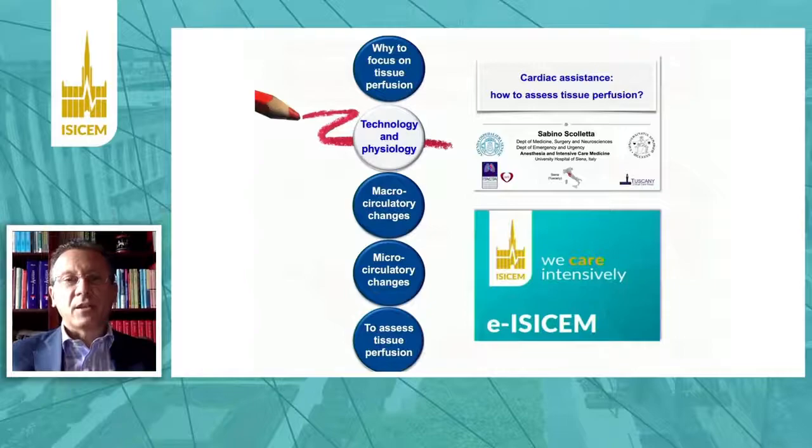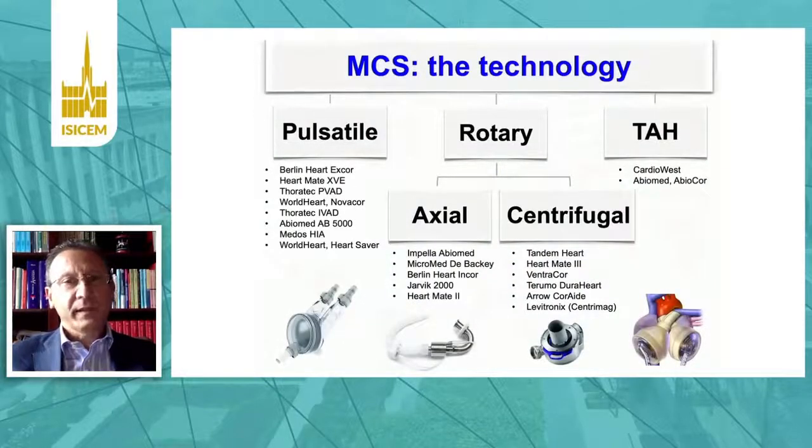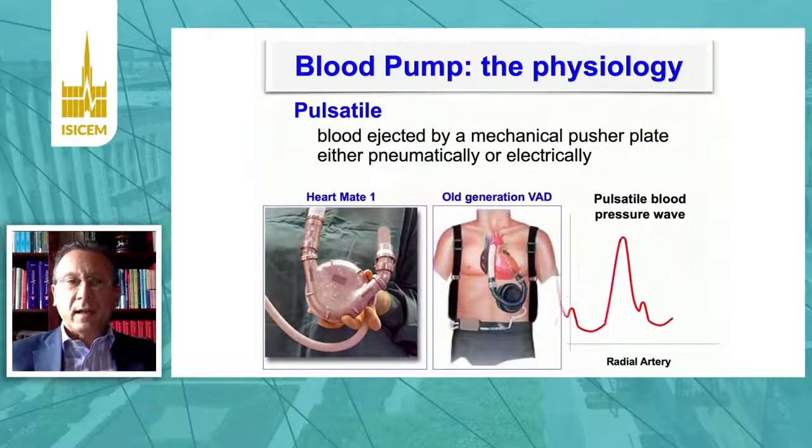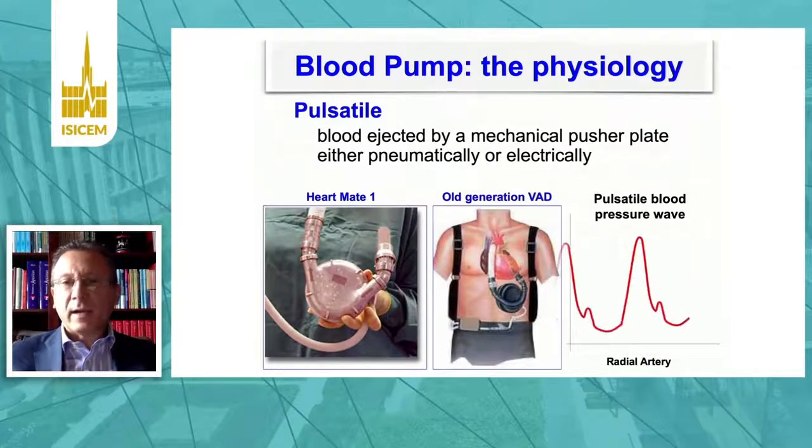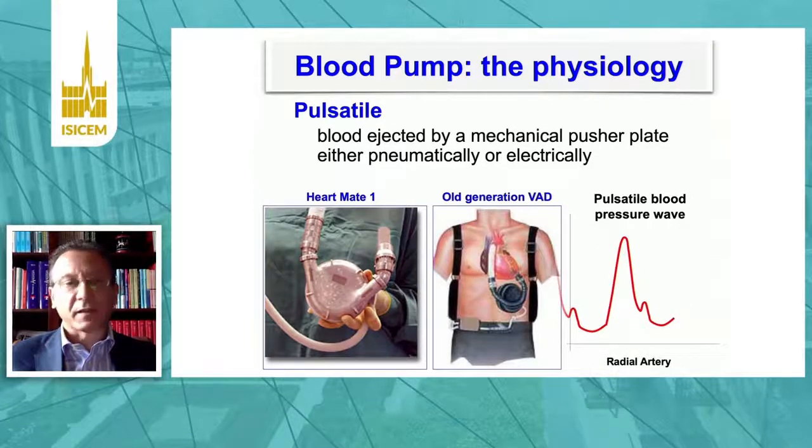What about technology and physiology? There are different types of VAD, and they can be pulsatile, rotary, or total artificial heart, and rotary can be either axial or centrifugal. With the pulsatile blood pump, blood is ejected by a mechanical pressure plate, either pneumatically or electrically.